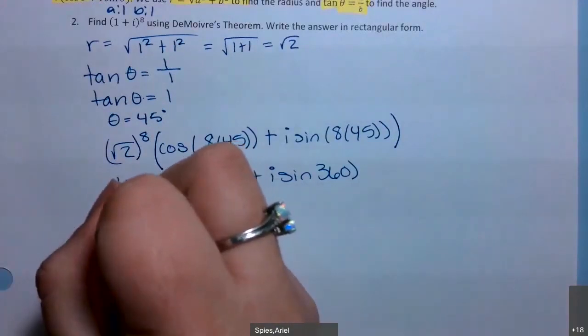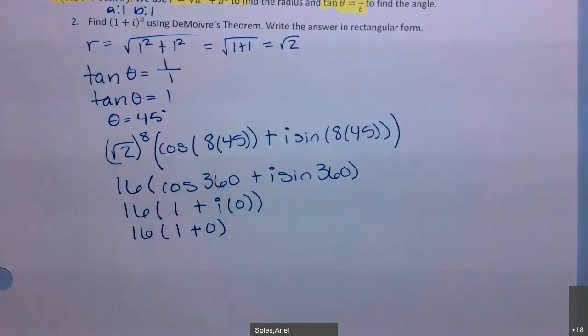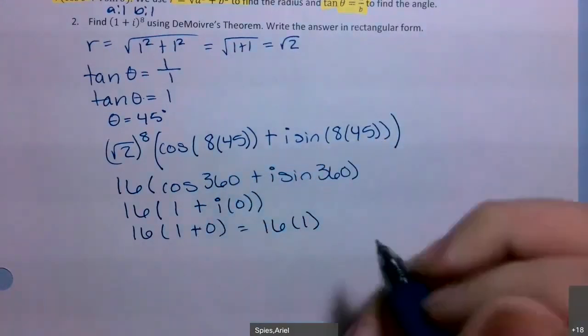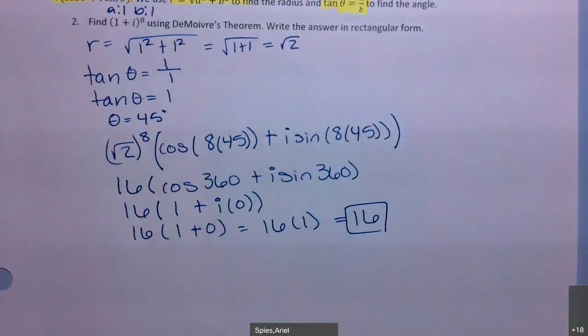So anything times 0 is just 0. It's really inside the parentheses, I have 1 plus 0, which is just 1. 16 times 1 is 16. Questions here?